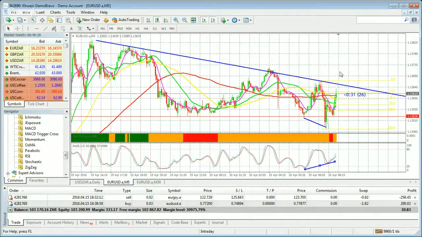So remember, we could get the break up at this point as well. Just going to have to wait and see what the market delivers. As you can see, the market's just building momentum.